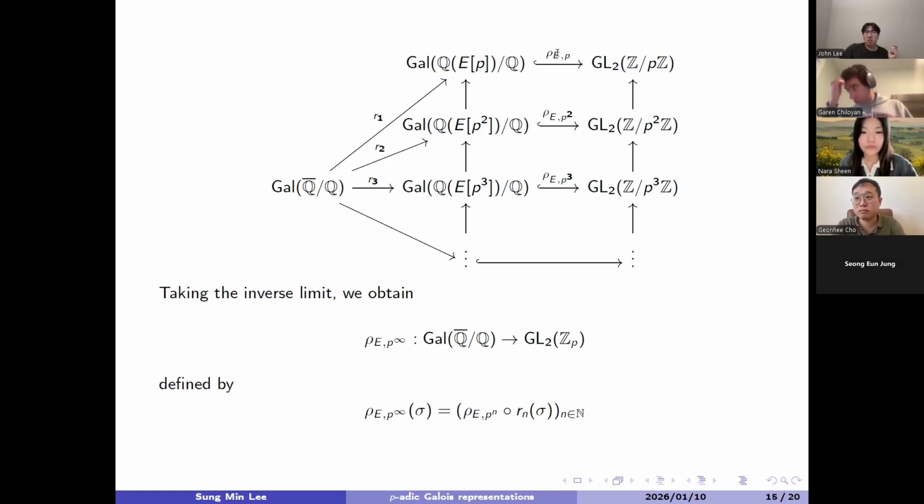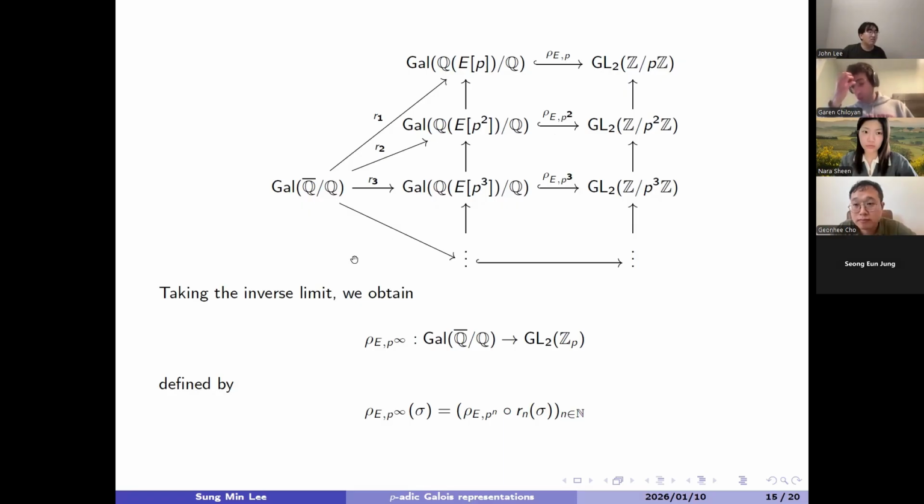Now it depends on the choice of the elliptic curve, so I need to put the subscript of the E, because if I choose a different elliptic curve, of course, still this will be isomorphic to Z mod p^n Z times Z mod p^n Z, but some points may be already rational, so no matter which Galois automorphism you pick up, they will be fixed. It will be not moving at all. However, in the other cases, it may be shuffled. So it all depends on the choice of elliptic curve. So now the subscript E is important, and we can consider this kind of diagram.